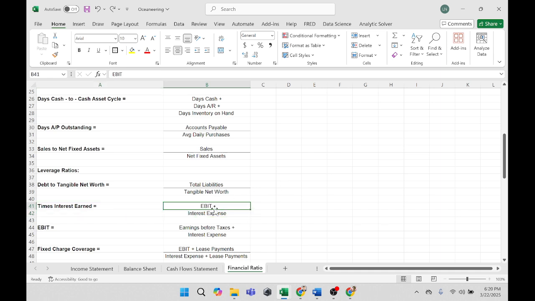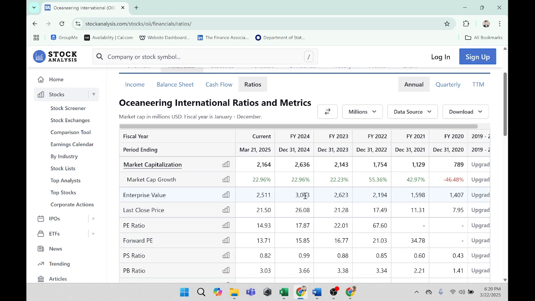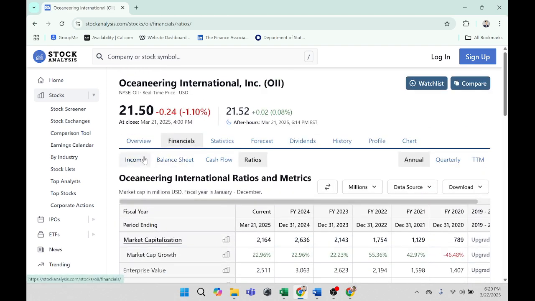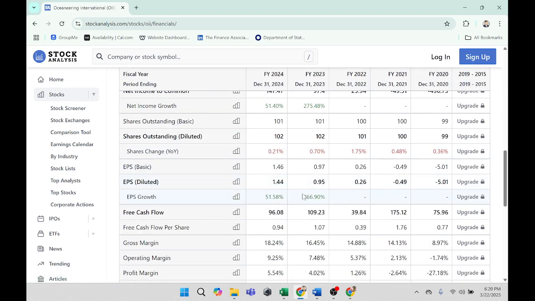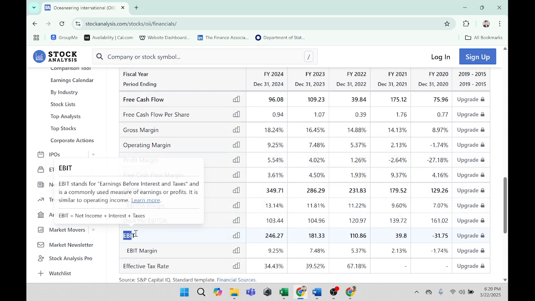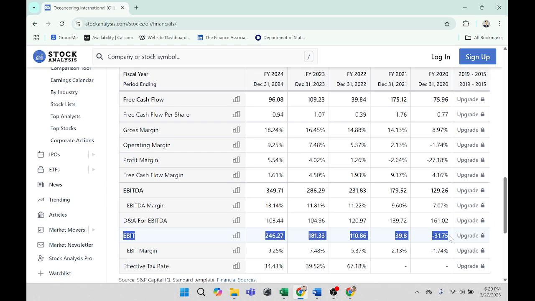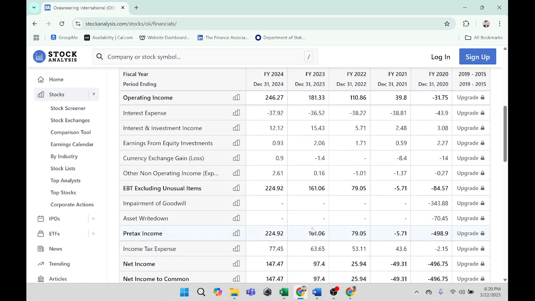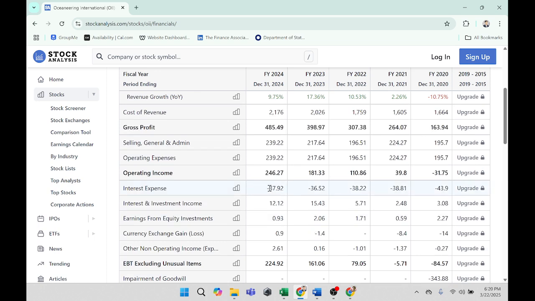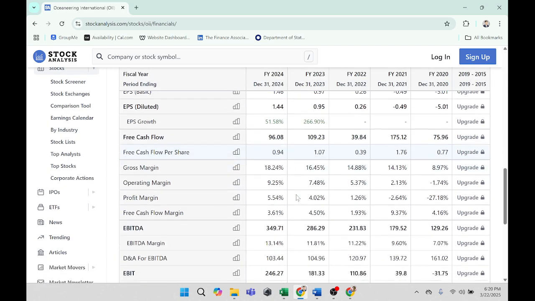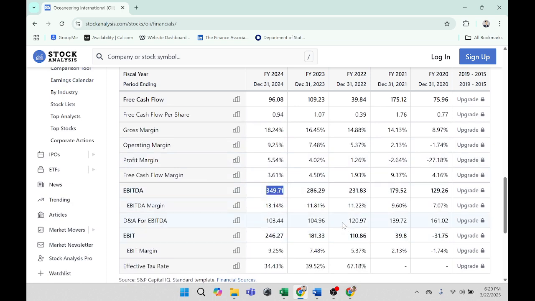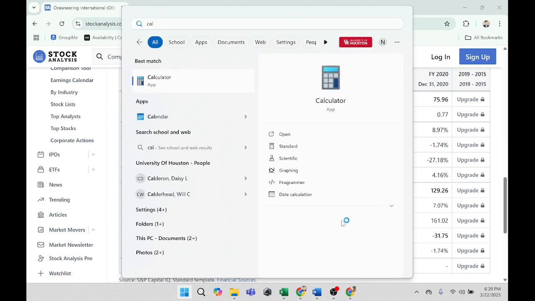It is EBIT divided by interest expense, right? So you kind of know EBITDA is from the income statement, so EBIT is probably in there. So EBIT right here, you're gonna take this number, and then you're gonna divide by what? You're gonna divide by interest expense that is also in the income statement, and that is how you find how much it is. Let me quickly show you guys.